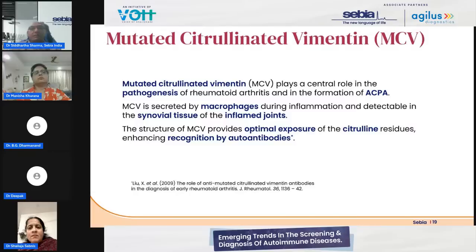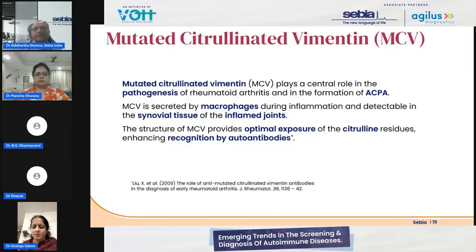A little bit in detail about the MCV, which is a unique proprietary marker available only on the Allegria system. It's a patented marker by Sebia. So what is MCV? It's a vimentin. It plays a central role in the pathogenesis of rheumatoid arthritis and in the formation of ACPAs, or what we say the citrullinated peptide antibodies.